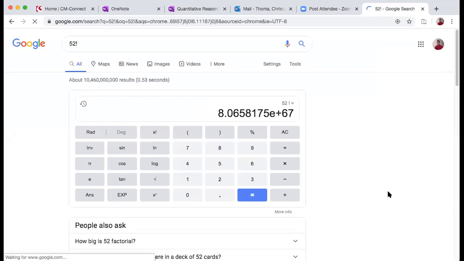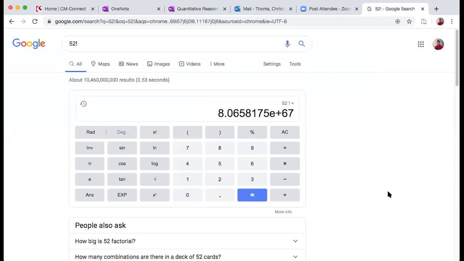So that is 8.0658175, and then I add 60 more zeros to that number. I have no idea what that number is with 60 zeros, but it is a really big number. That's how many different ways I can shuffle a deck of cards before it repeats.